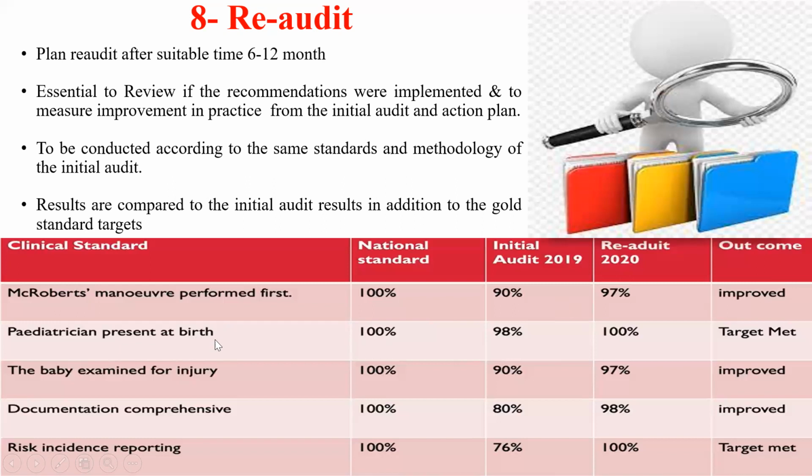If the pediatrician present at birth, it was 98 in the initial audit, but it is 100 in the re-audit, means we now met the target of the national standard. This means there is improvement and we reached the standard. So this is a way to do a re-audit and when to do re-audit.